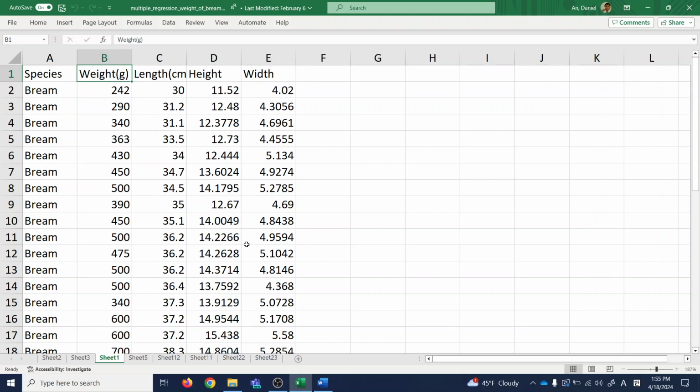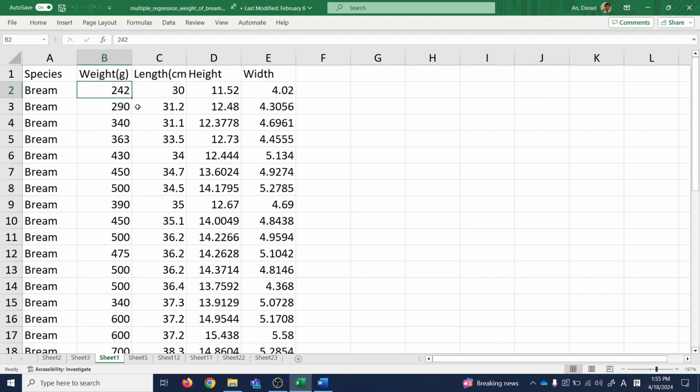Now, why would anyone want to do that? Well, maybe they want to classify or sort the fish that they caught into different bins according to their weight, but trying to measure them one by one takes too much time, whereas just taking a quick photo and making the machine measure the length, height, and width is much faster.